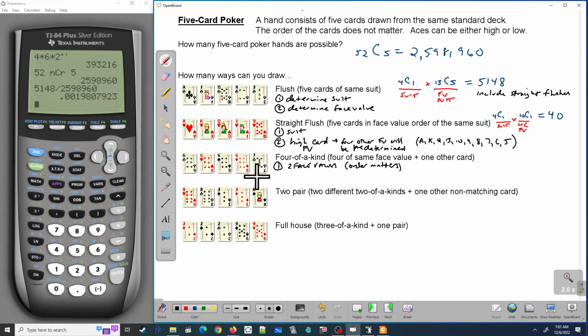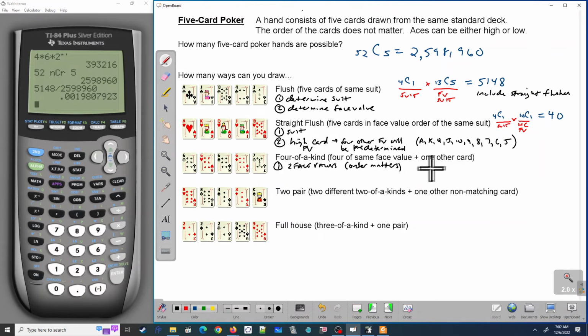The second face value is going to be the one single face value that doesn't match the 4 of a kind. So order does matter, because if I go 6, 6, 6, 6, and then 7, that is not going to be the same hand if I go 7, 7, 7, 7, and then go 6. So we are going to actually need order matters, which means permutation is what's going to be necessary here.